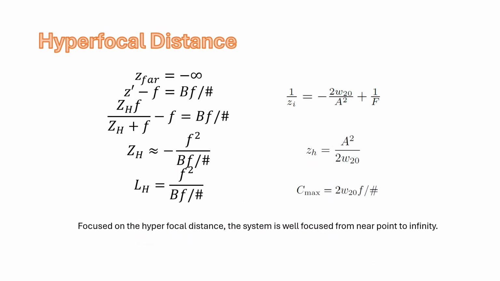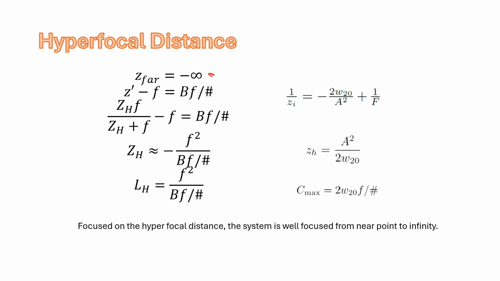Let's compare the derivation of the hyperfocal distance from a geometrical perspective with the derivation from the wavefront perspective that we would use in our coherence analysis. So back in episode 25, we said, okay, we want to focus so that we have a maximum tolerable blur at infinity. We set our far point to infinity, but normally that would mean that the image point, this z prime, the distance from the lens to the image, should be f.